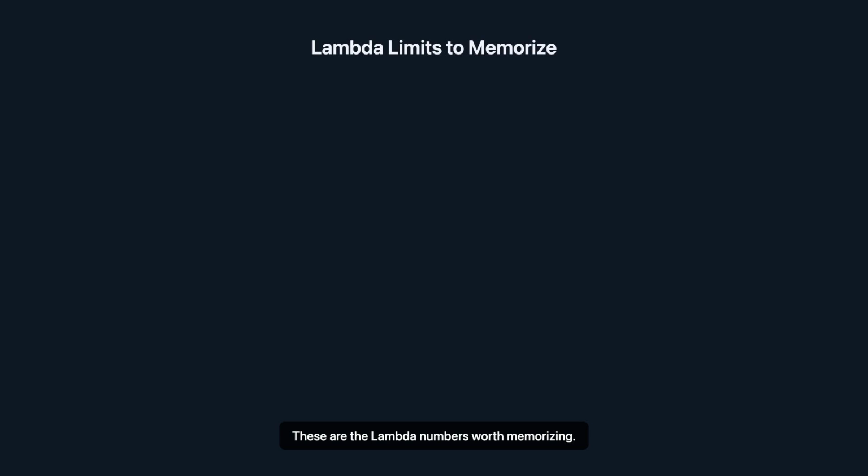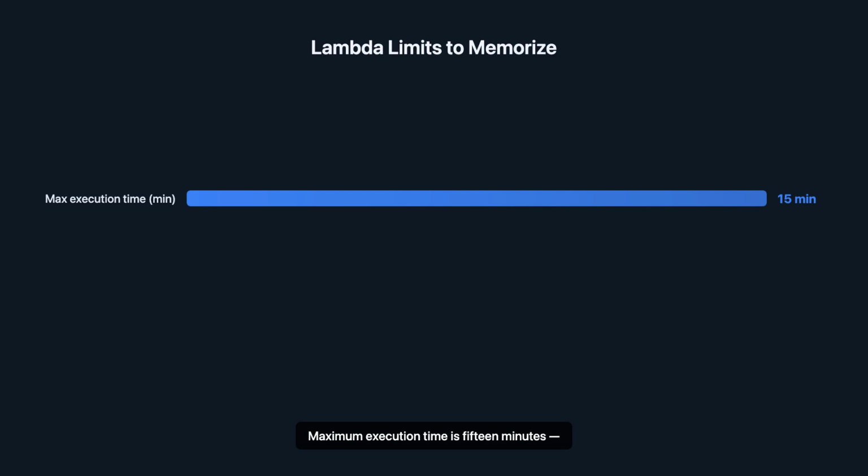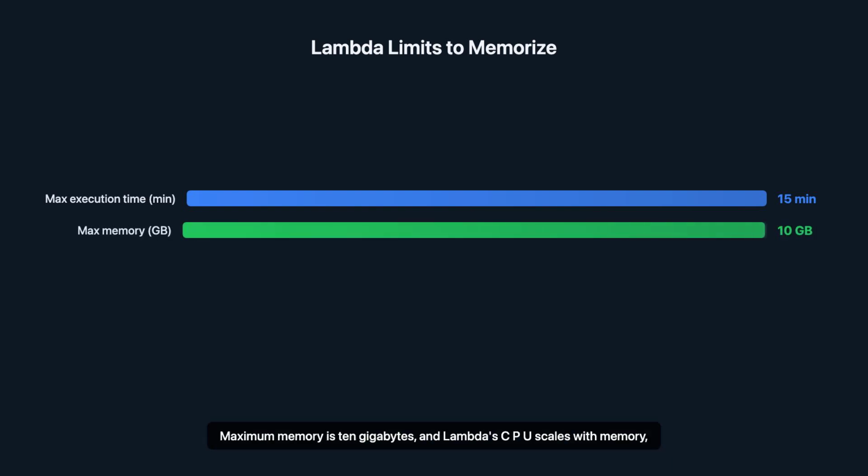These are the Lambda numbers worth memorizing. Maximum execution time is 15 minutes. If your job runs longer than that, Lambda is the wrong tool. Maximum memory is 10 gigabytes, and Lambda's CPU scales with memory, so bumping memory often makes CPU-bound functions faster and cheaper at the same time.